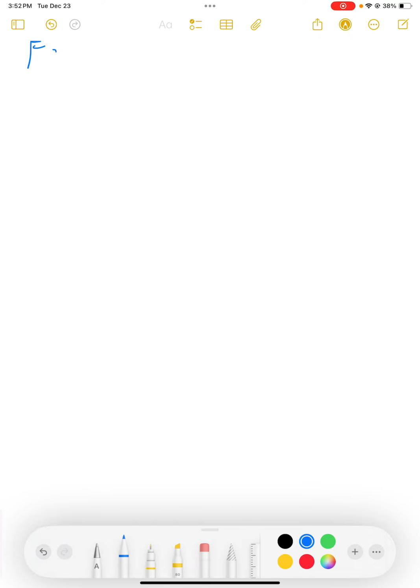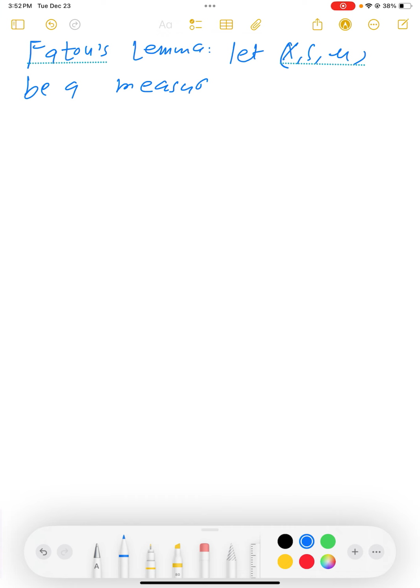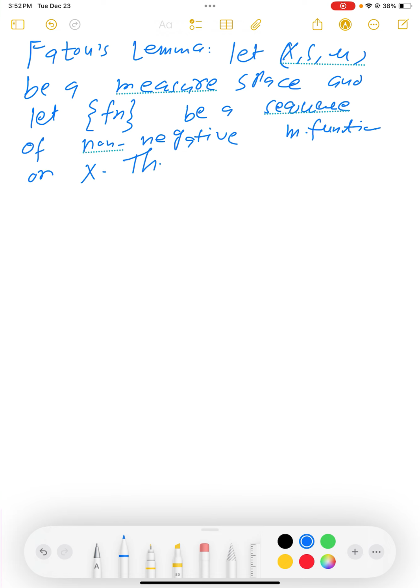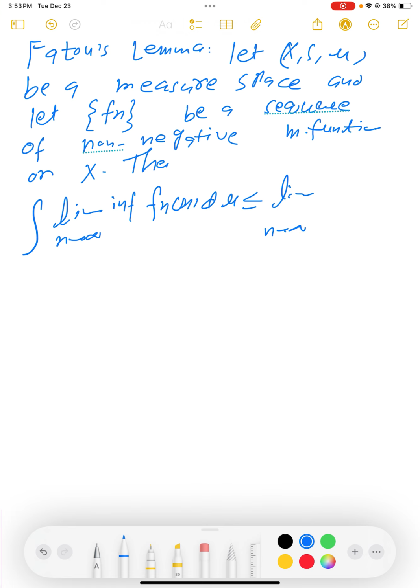So Fatou's lemma says: let (X, mu) be a measure space and let f_n be a sequence of non-negative measurable functions on X. Then the integral of lim inf f_n(x) d mu is less than or equal to the lim inf of the integral of f_n(x) d mu.